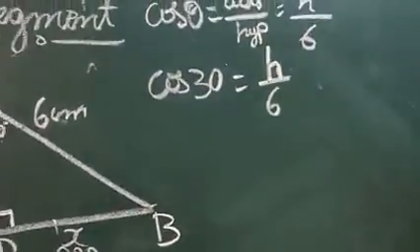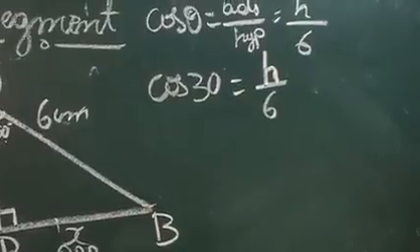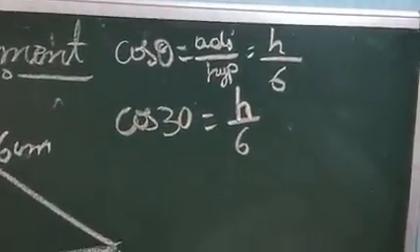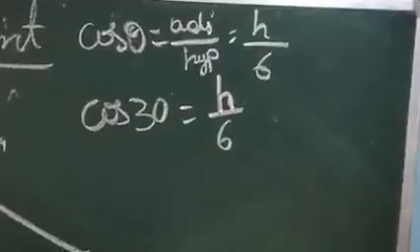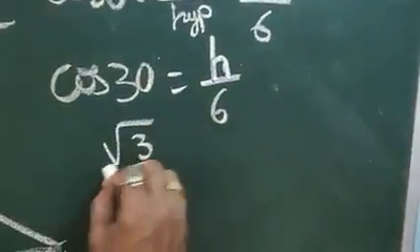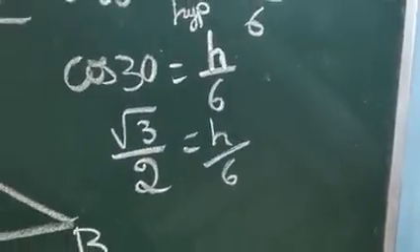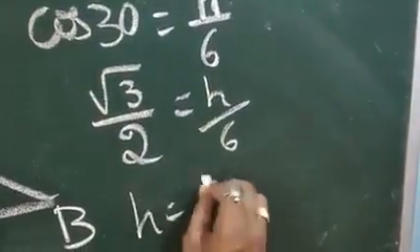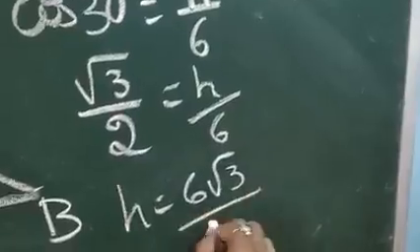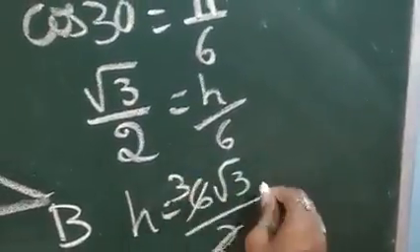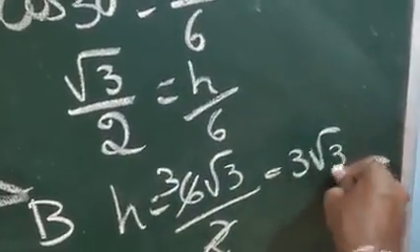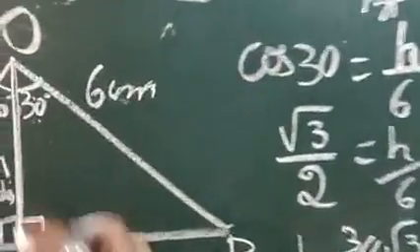There is a standard value for cos 30. Cos 30 standard value is root 3 by 2. Right? Therefore h is equal to 6 root 3 by 2, that is equal to 3 root 3. Height of this triangle is 3 root 3.